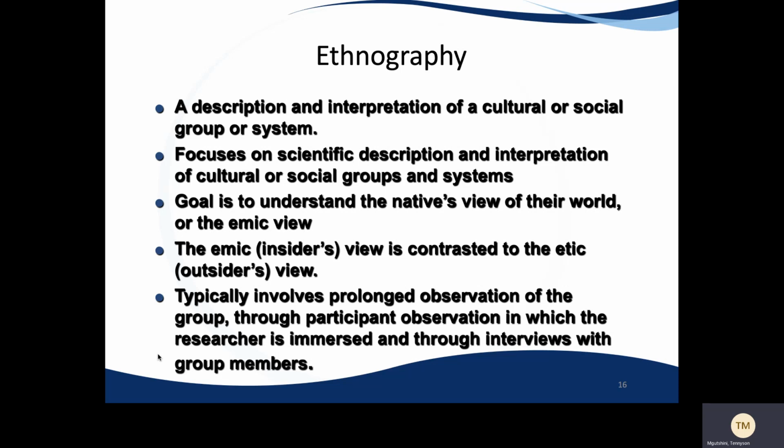Of course, this can be contrasted with someone who does an ethnographic study but studies the culture as an external or etic viewer. So typically with ethnography, for you to have a much more confident sense of what it is that you are seeing or experiencing, or so you have a better sense of the culture or the social group you're looking at, this will involve the prolonged exposure or observation of the group or the class or the system or the culture that you're looking at.